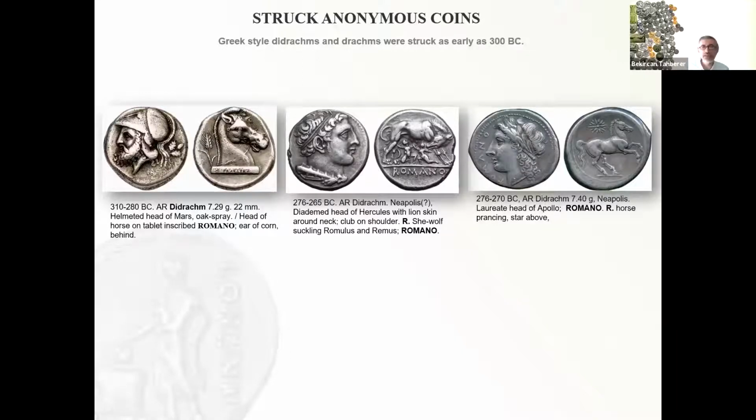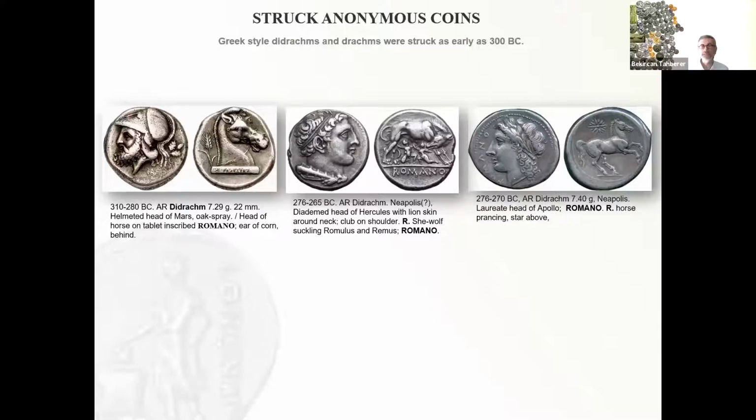From the beginning, we said they pursued a war economy, and obviously, as part of that, Mars is on their coins from the beginning, and Hercules and Apollo, with the horse prancing here. Of course, this is a coin that is reminiscent of the Carthaginian horse.